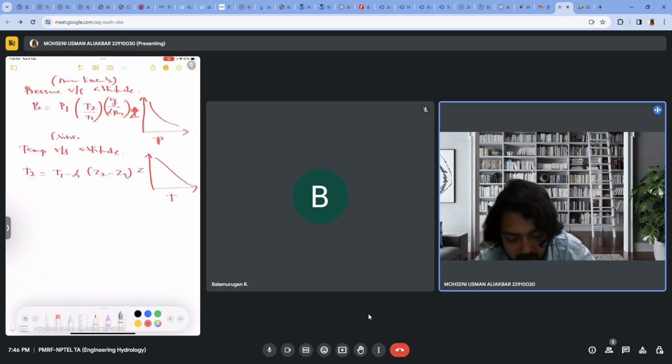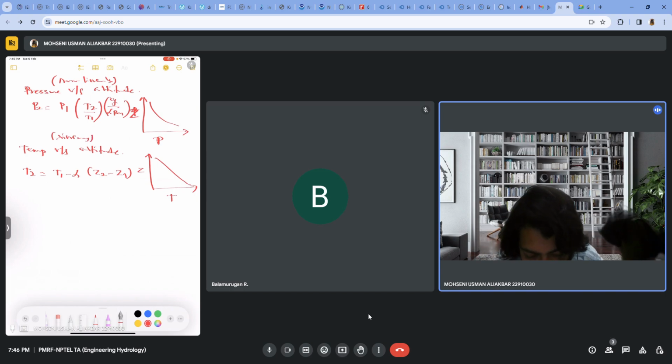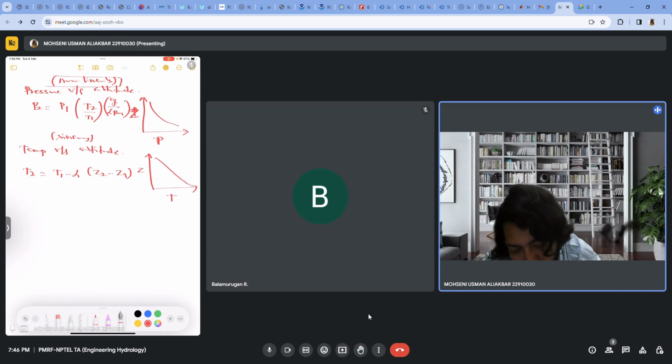I think it can be asked as an MCQ as well, what is the relationship between pressure and altitude. So we should remember the graph. If you look at the graph, you can easily say that it is non-linear and here the relationship is linear.